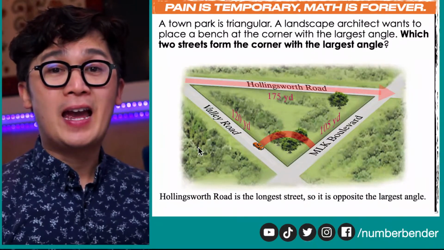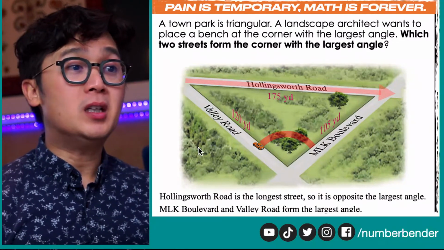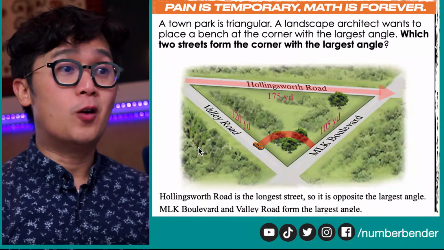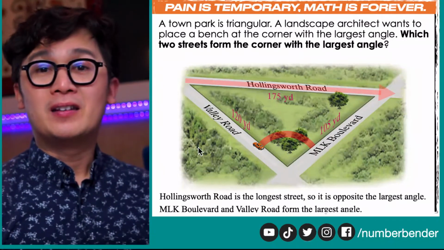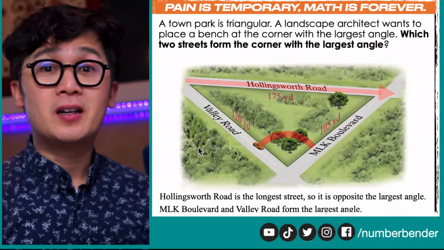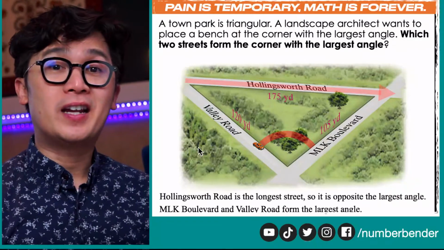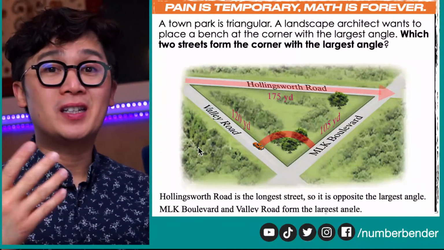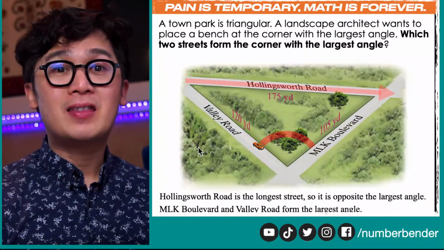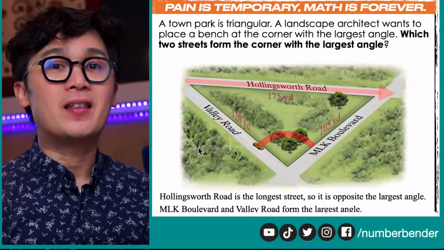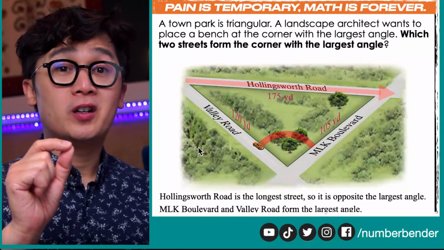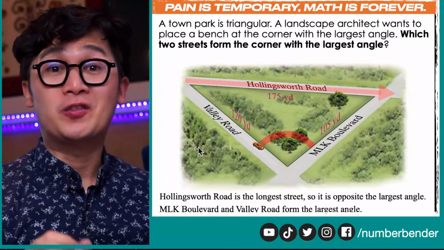That would be the MLK Boulevard and the Valley Road that contain the largest corner in this park. So this is how we use that theorem in identifying this particular corner that we are trying to find.